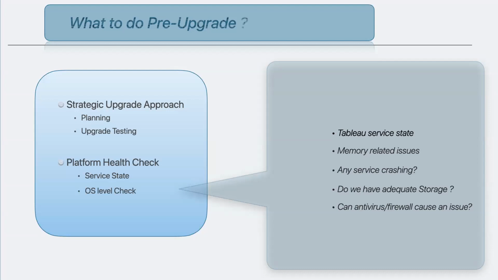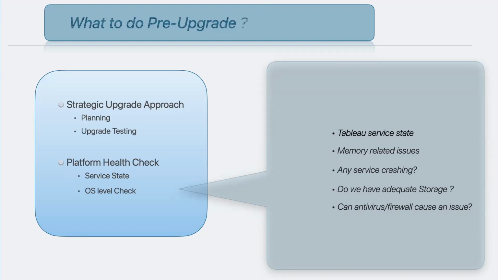The thing which we really miss, based on my experience, is a pre-platform health check before running the TSM commands, the TSM commands of installing the RPM as well as the upgrade command.